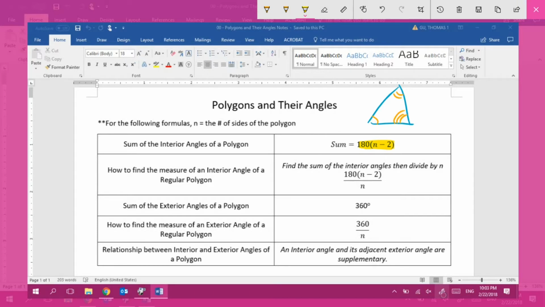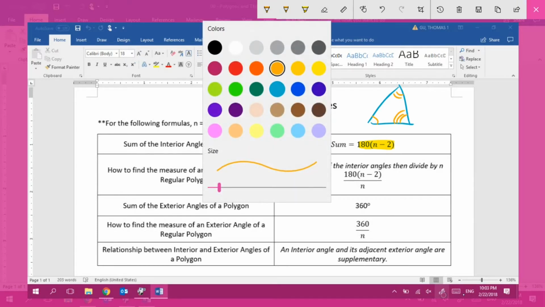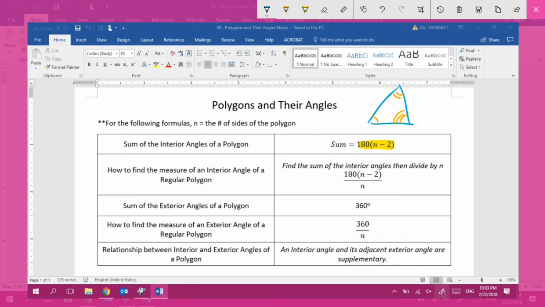What's the total number of degrees inside a triangle? You guys should know this. 180. Yeah, high five. 180 is the total degrees in a triangle, right? Well, what is n for a triangle? It's 3 because there are 3 sides. Now our formula says the sum of the interior angles is 180 times n minus 2.